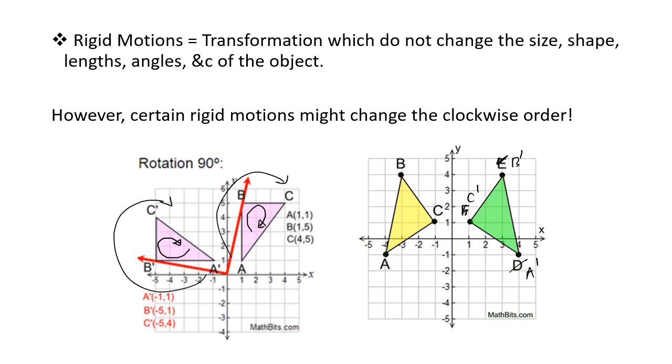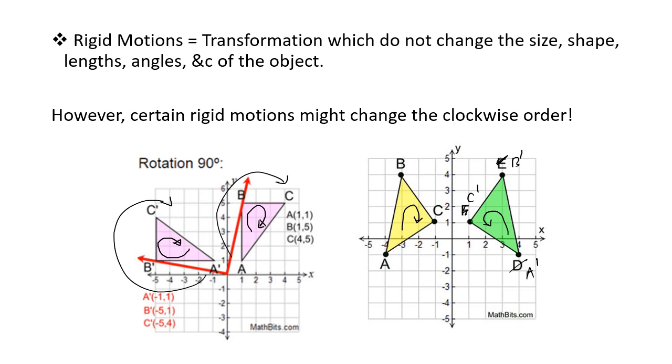Now here in the reflection, the A, B, and C, the original shape, they're ordered clockwise. But when I look at the reflection, the A, B, and C are ordered counterclockwise. So that can change for some transformations, but it's still rigid because the shape hasn't gotten any bigger, hasn't gotten any smaller, it hasn't changed shape or anything.